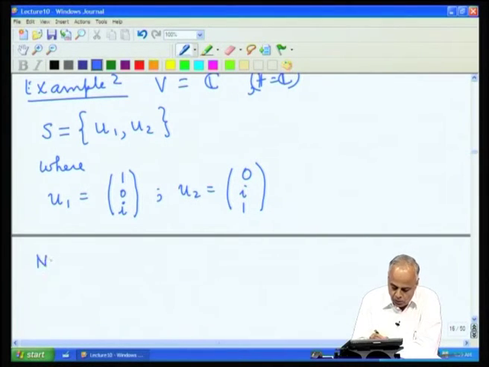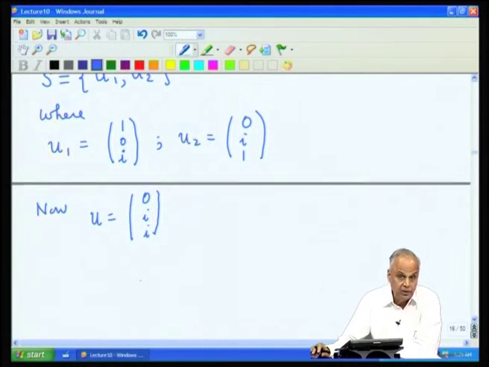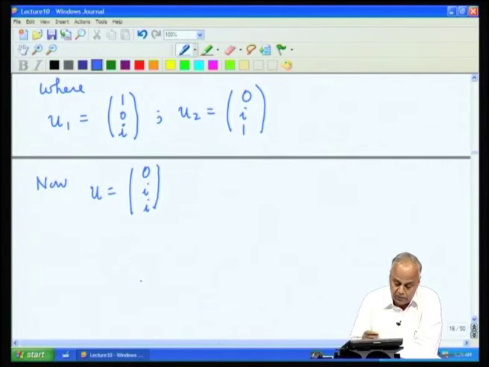Now, look at the vector u, which is 0 i. This is again a vector in C3, because we are allowed to have complex vectors.